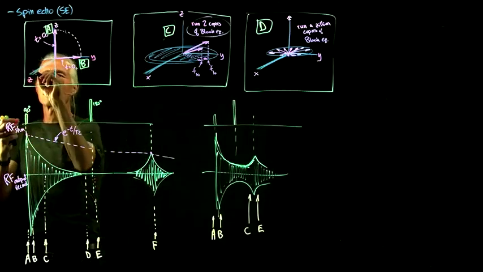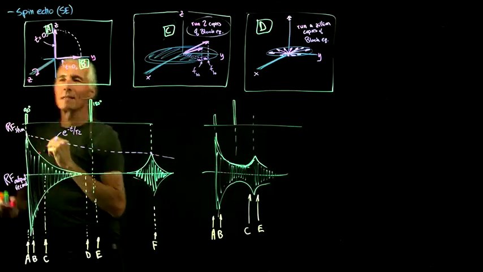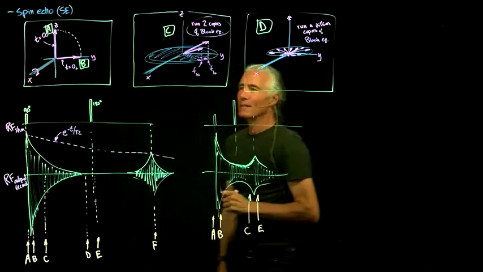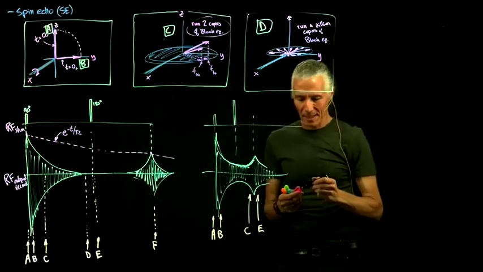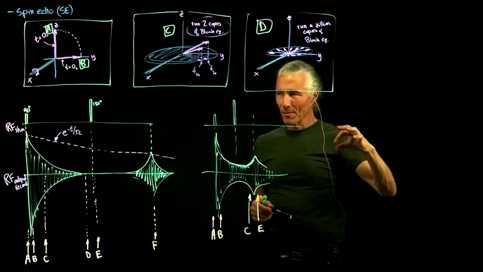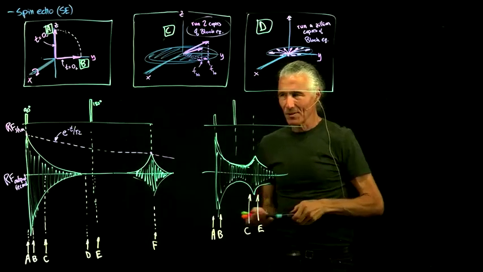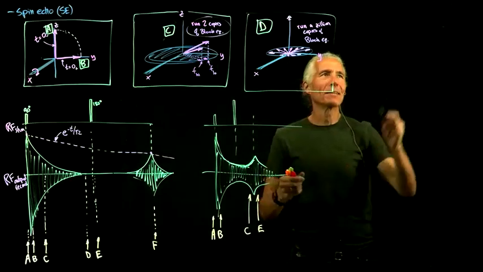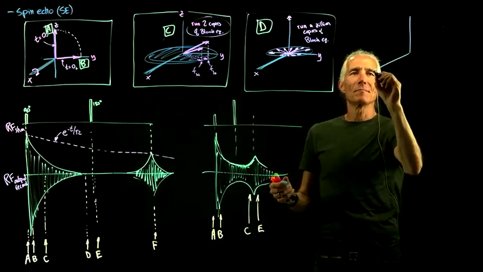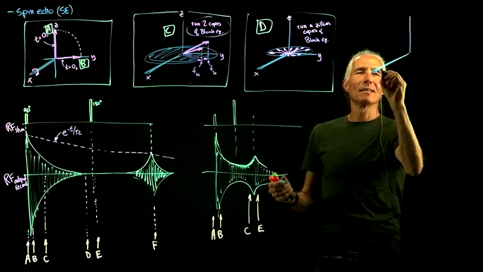In this case, what we did is we flipped it around the x-axis. In this case, we're going to flip it around the y-axis, just to make the drawing maybe slightly easier to understand.